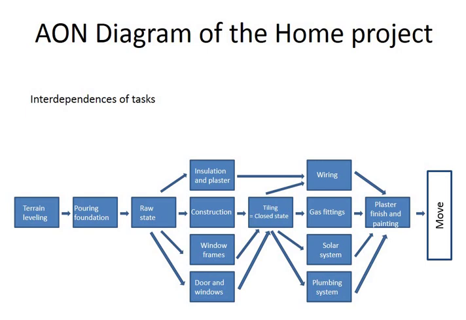But what you can see here is something more than a Gantt chart. You can see the interdependencies, which means that in the end you would be able to calculate how long the project is going to take, and what happens if any of the tasks takes longer than planned.